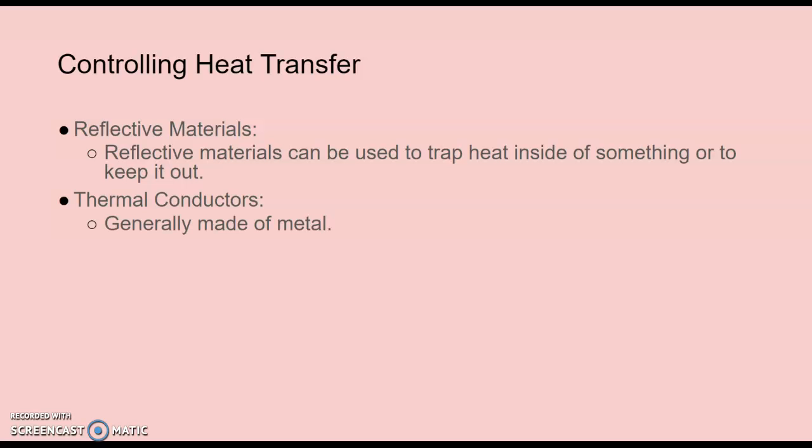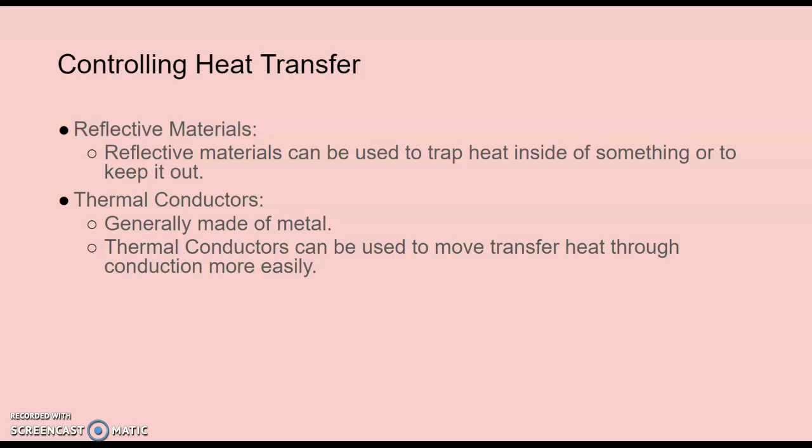These are generally made out of metals. So thermal conductors are used to move the heat through more easily. So if we're using anything metal, that's going to allow that heat transfer to just go, right? It's not preventing it. This metal substance is allowing that heat energy to transfer through it and continue on moving.